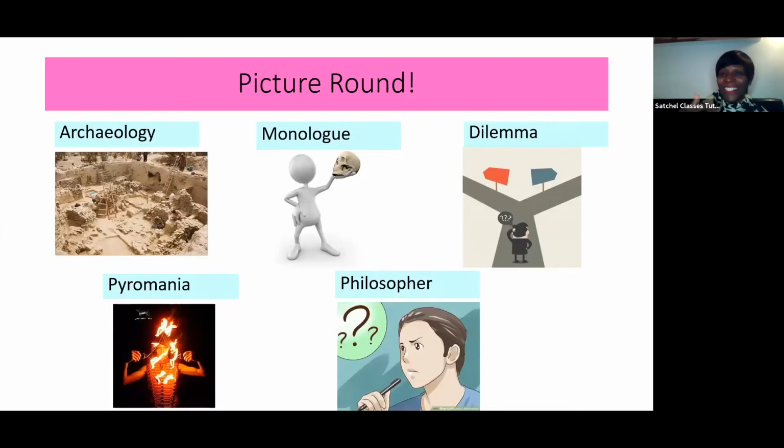Right, picture round. So these pictures will give you some ideas of what these things are, but look at the words and try and break down what they really mean. What's their original and etymological meaning? So archaeology, what does that actually mean?